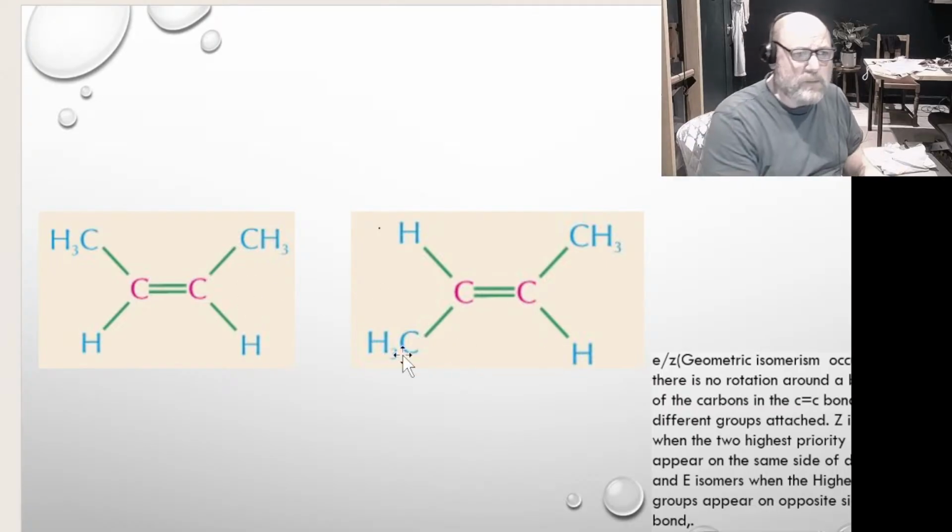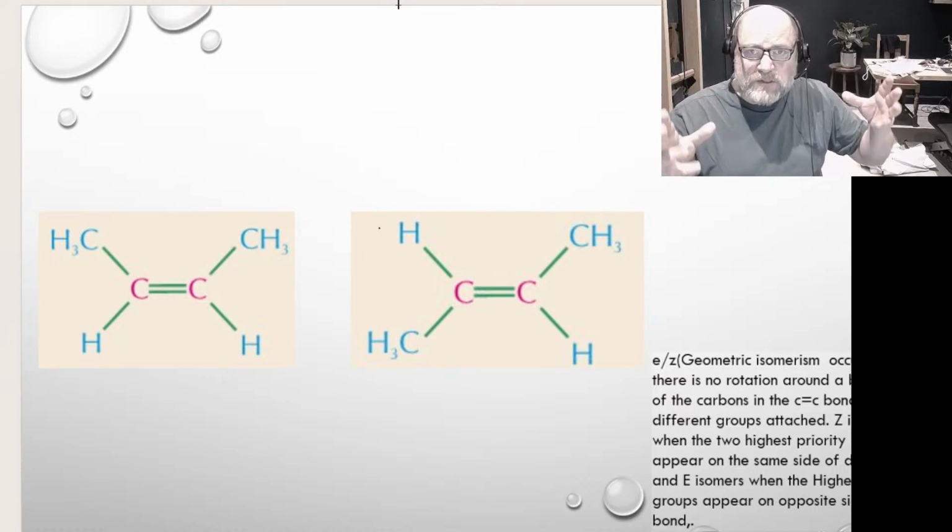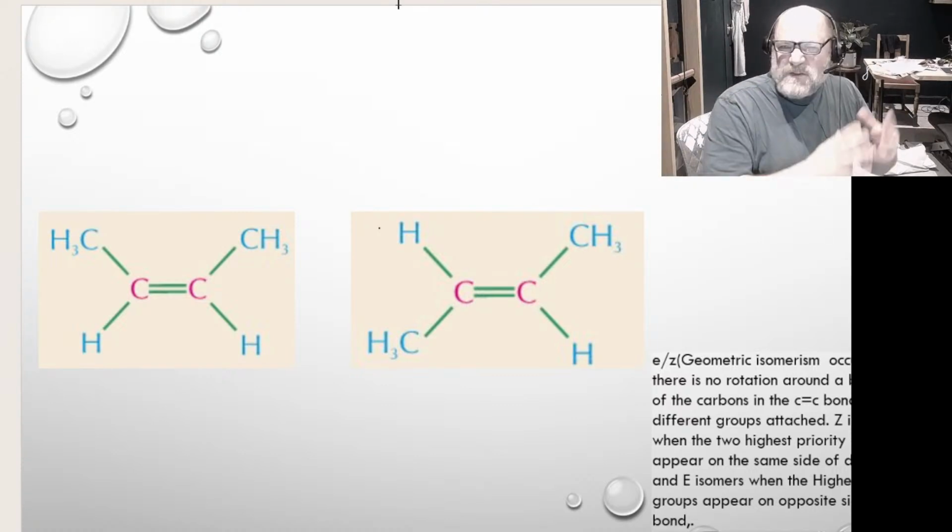So you've got two forms of but-2-ene. How do we tell them apart? E/Z isomerism is just a more nuanced, more advanced way of saying cis and trans.